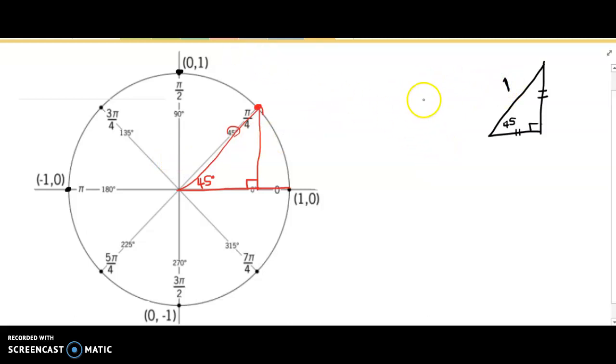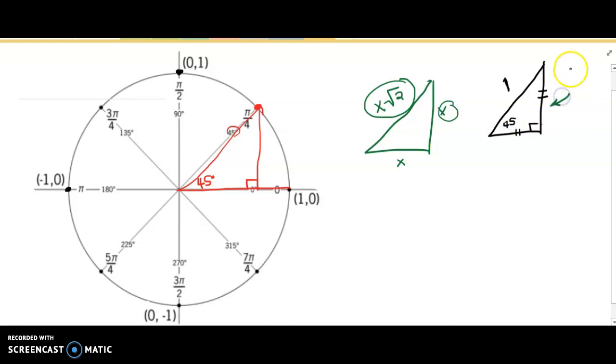Now remember when we had our 45-45-90 triangle, and we had x, x, x square root of 2. If I had the hypotenuse, I could find the leg by dividing by square root of 2. So that means this side has to be 1 over the square root of 2.